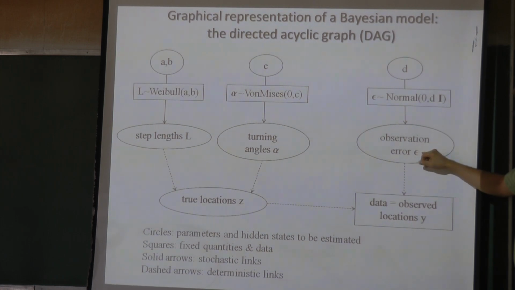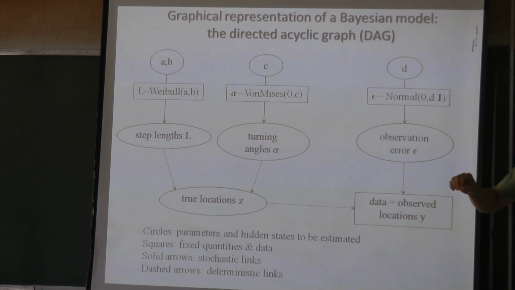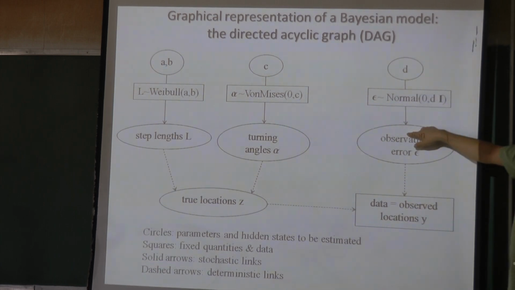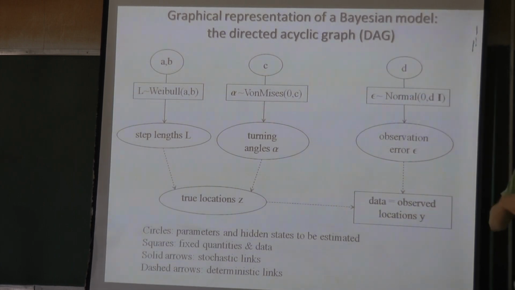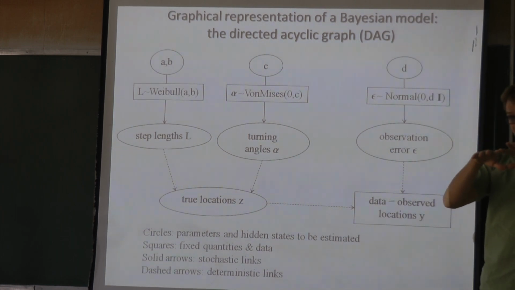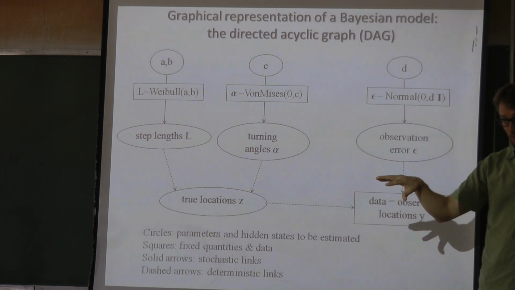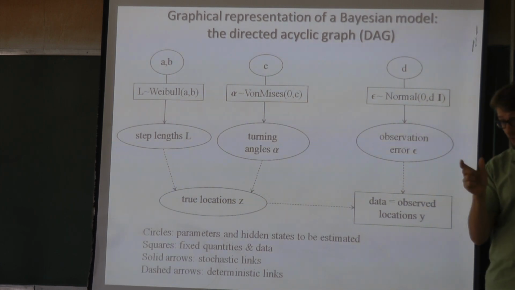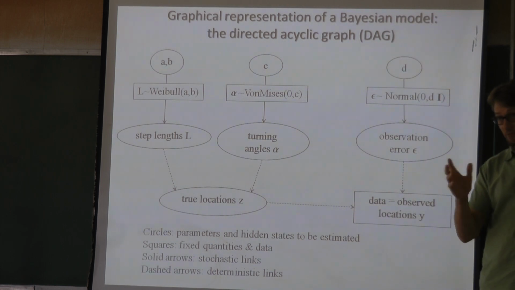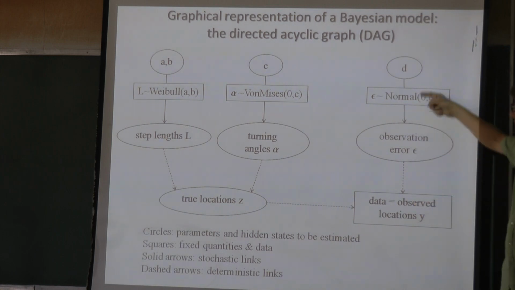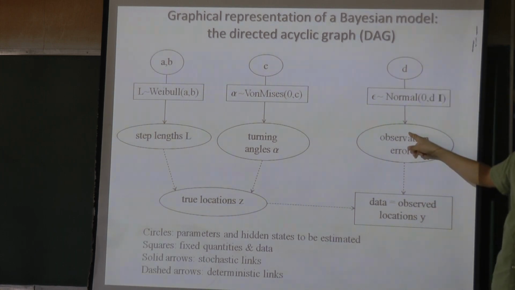If you would exactly know the specific errors for each case, then this is deterministic. But there is a stochastic link here. So this D, you can think that I'm assuming that the GPS errors are Gaussian distributed with some variance. Okay? What you are saying is that even if I know that variance, like what's the typical size of GPS error, you don't know what the realized errors are, right? That's why we have a stochastic link here, okay?